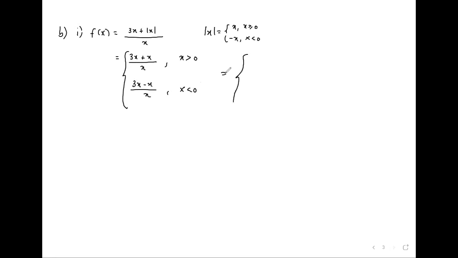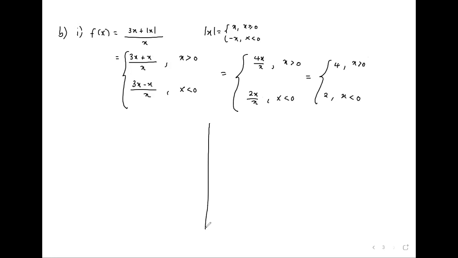So if we simplify each piece, 3x plus x gives us 4x. So we have 4x over x if x is bigger than 0. We also have 2x over x if x is less than 0. Simplify it further, we'll get 4 if x is greater than 0, and 2 if x is less than 0. Then we can now sketch the function.